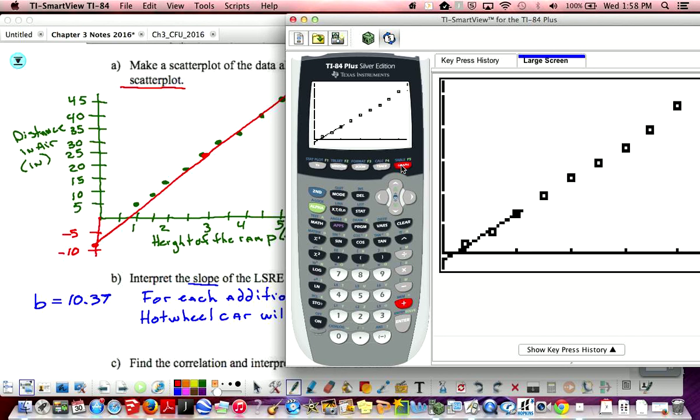Hit graph. How's that looking? It's pretty much exact. Pretty darn good, isn't it? These points I probably could have had a little better, but the upper points did pretty well. Looking pretty solid.